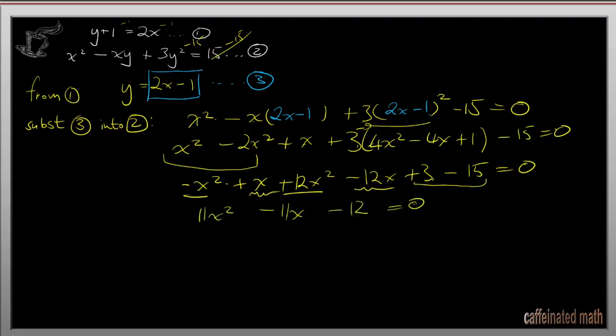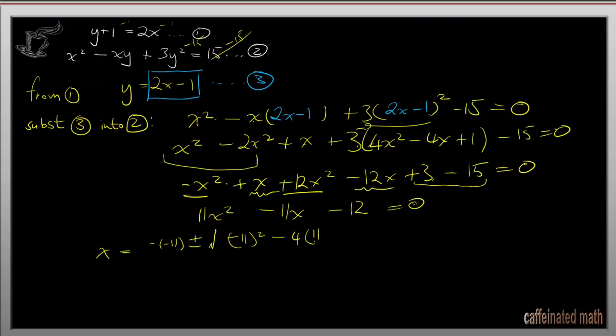Let's see if the formula can sort this out for us. So we'll have x being equal to, well, minus 11 plus or minus the square root of negative 11 all squared minus 4.